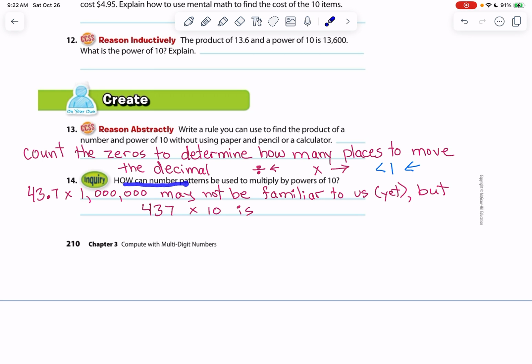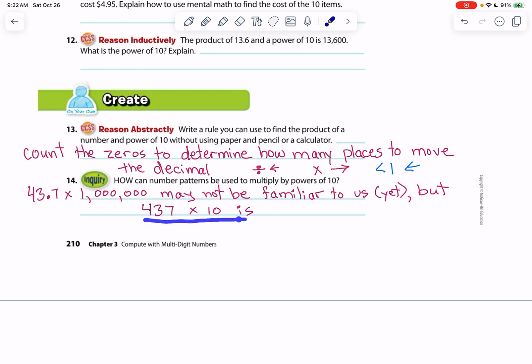And in this one, how can number patterns be used to multiply by powers of 10? I thought in this one, an example might be better than a rule. Okay, so maybe 43.7 times 1 million is intimidating. It may not be familiar to us yet, but if we just think of a smaller number, that can help us remember what the pattern is.